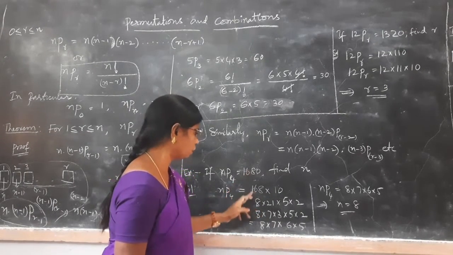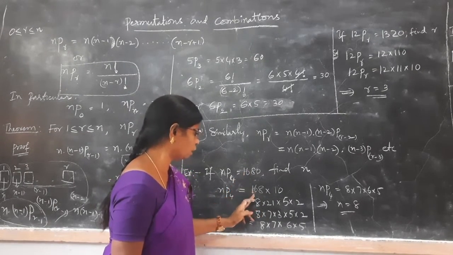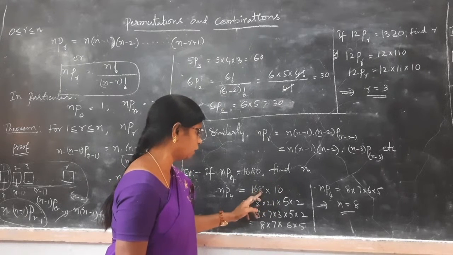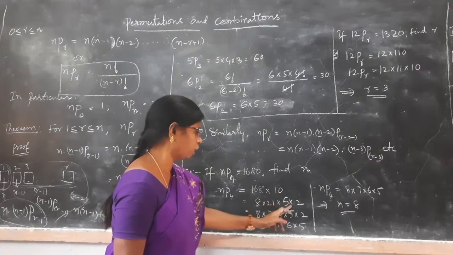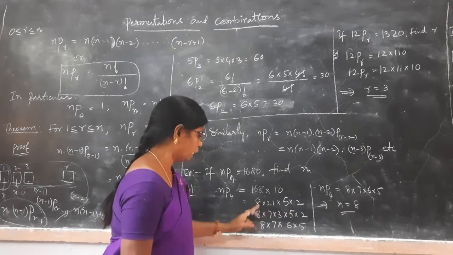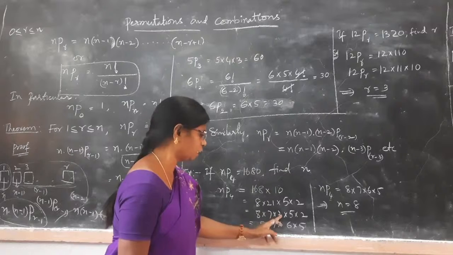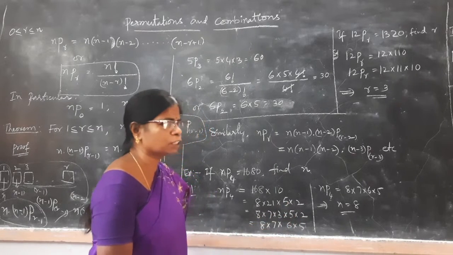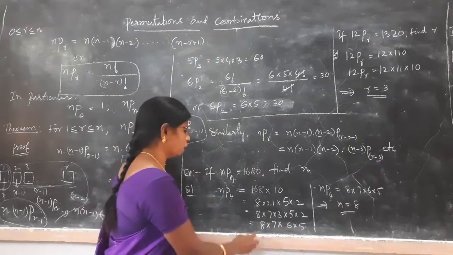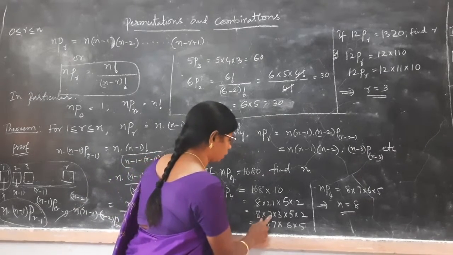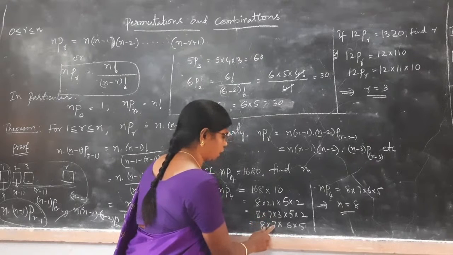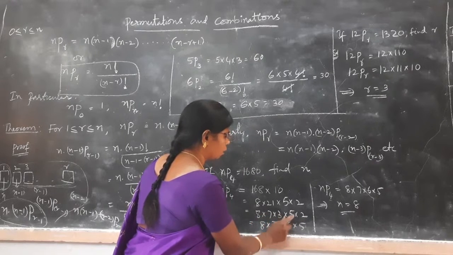So I wrote 168 into 10. Next this is 8 into 21 into 5 into 2. So 8 into 21, that is 7 threes are 21, into 5 into 2. I wrote this as a product of 4 consecutive integers. 8 stays as it is. Why did I keep 8 like this? Because 8 and 7 are consecutive, so 8 and 7 stay. 3 twos are 6, into 5.